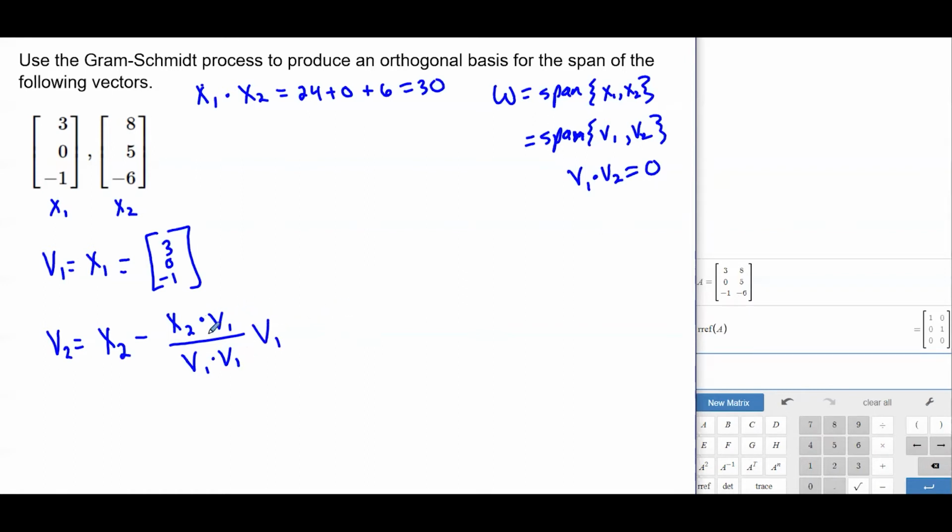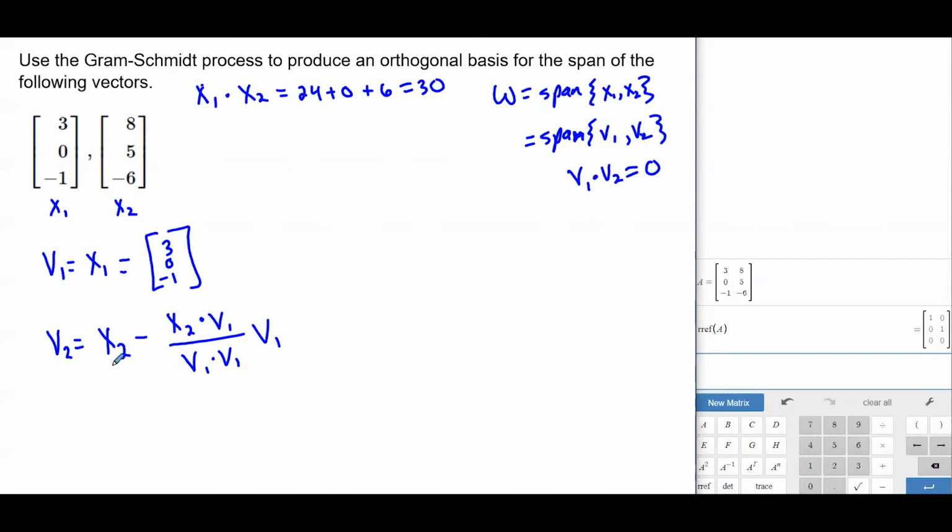This should look familiar, because this is how we did projections. We're subtracting this projection, and it gives us an orthogonal vector. Remember that vector z we added in the projection? Here we subtract to find z, so that we stay in the subspace.